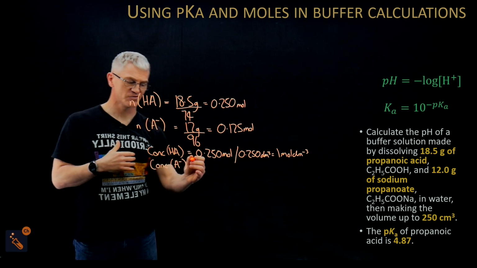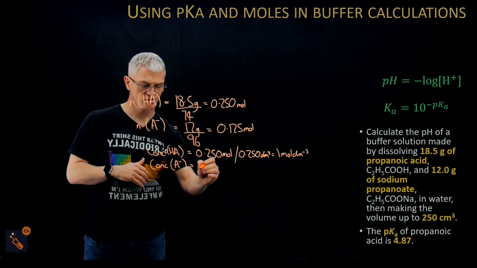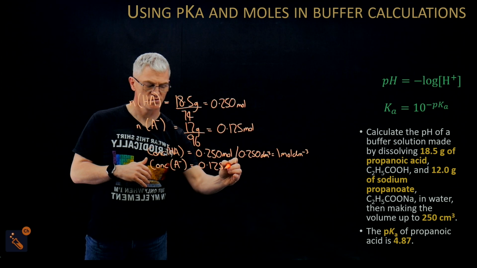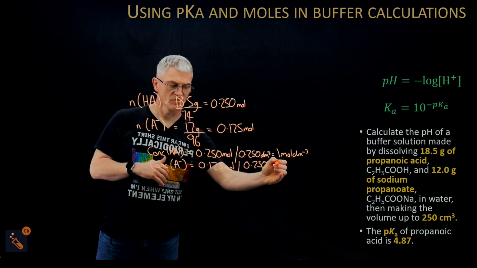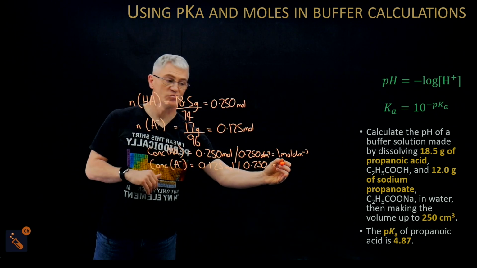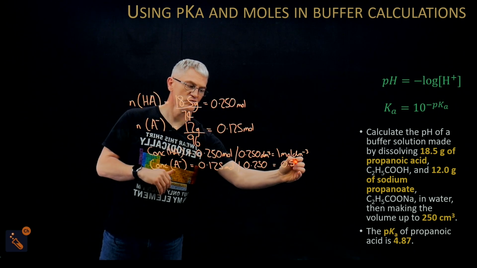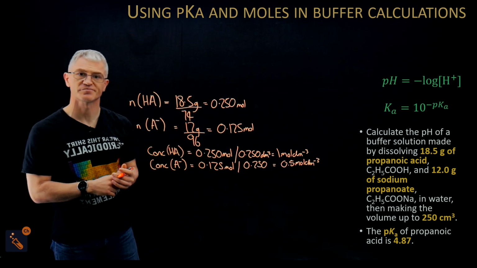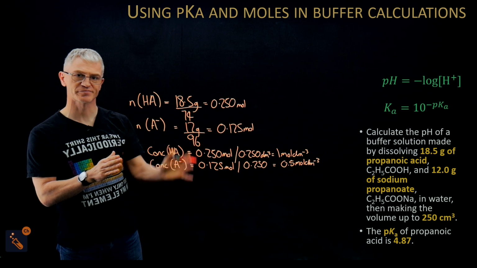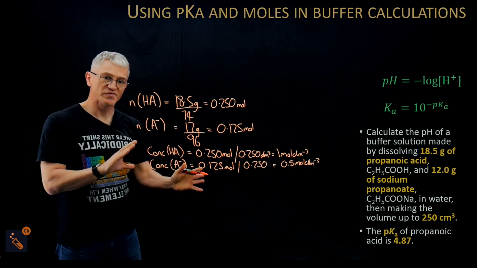And then we take our 0.125 divided by the new volume, which is again 0.25, which will equal a nice number again, which is 0.5. So we've got our concentrations.